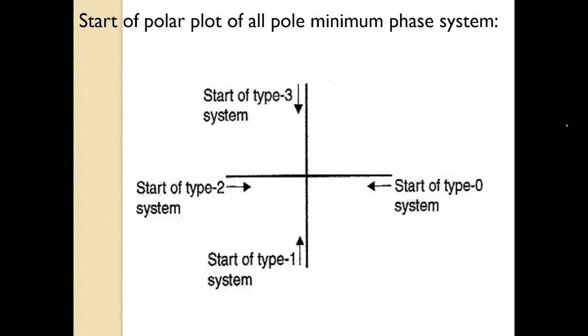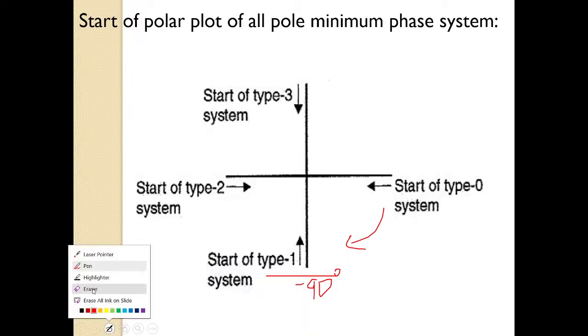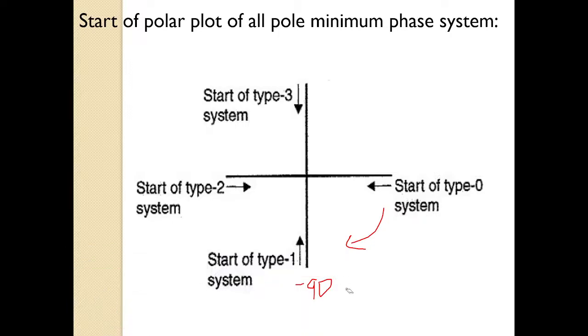If it is a type 0 system, the polar plot will start from the 0 degree or reference axis. If it is a type 1 system, we are moving clockwise now, so it will start from the minus 90 degree axis.